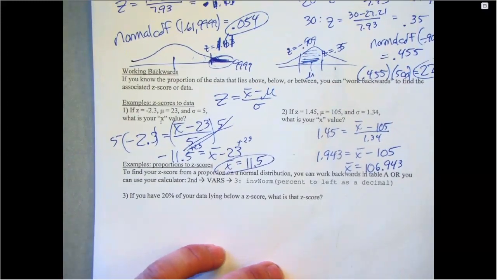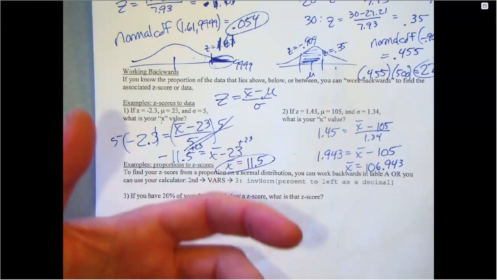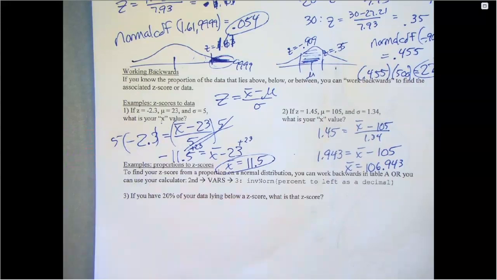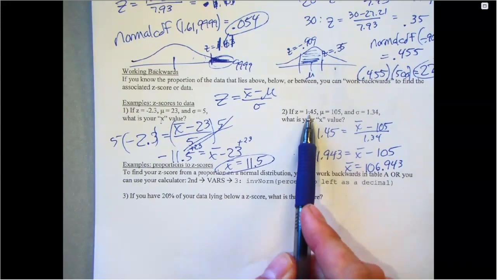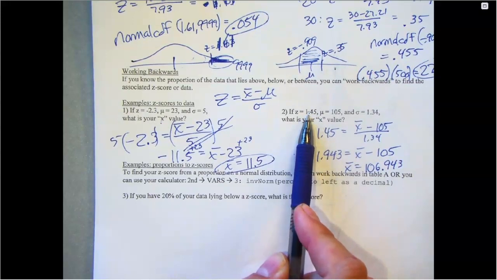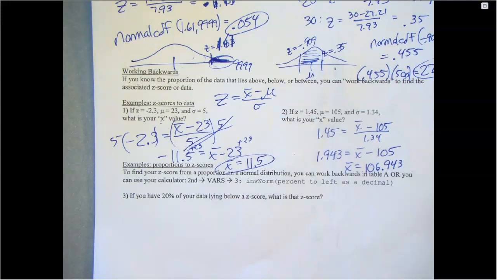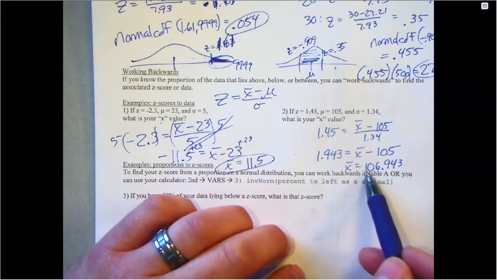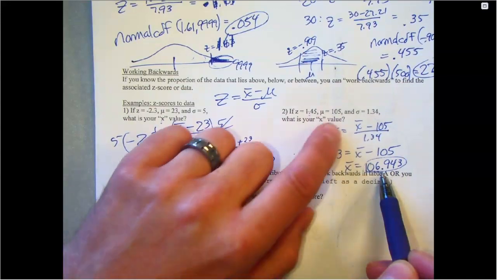So a quick way you can check, this won't prove that you're right, but sometimes if you're wrong, you'll realize it. My z-score was positive, yes? Which means my data point should be above or below the mean? If the z-score is positive, that's the number of standard deviations, so we're above. Is this number bigger than our mean?